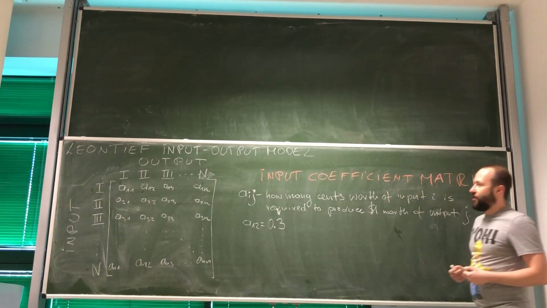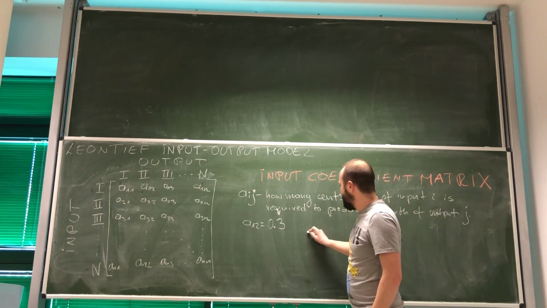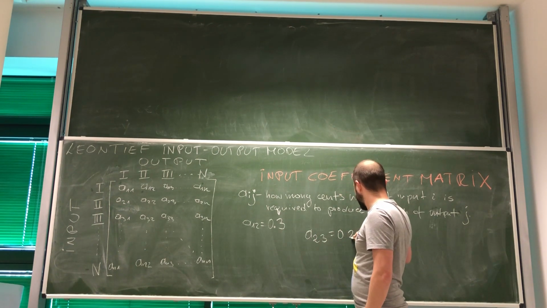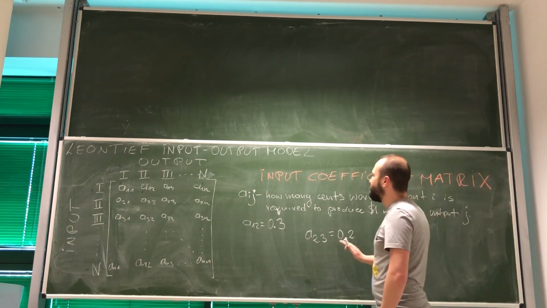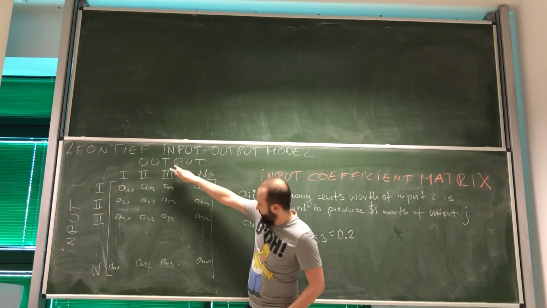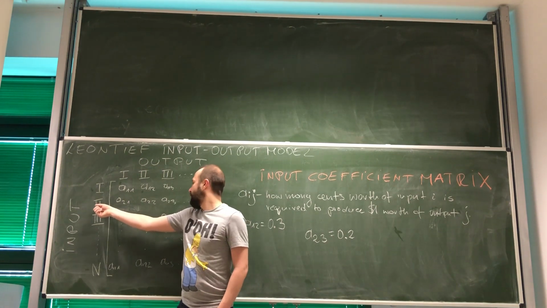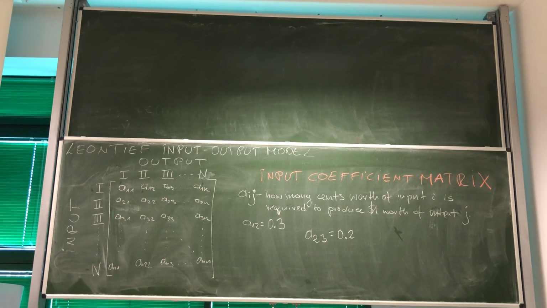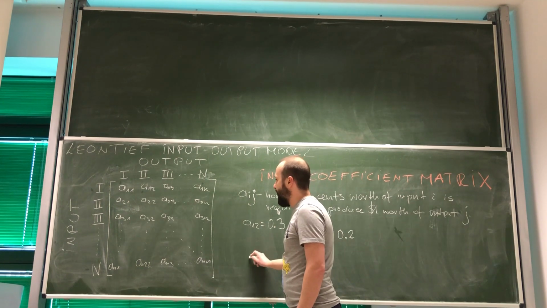Now if we would have, for example, A23 equal to 0.2, this would mean that in order to produce $1 worth of good 3, we need to use 20 cents worth of good 2.